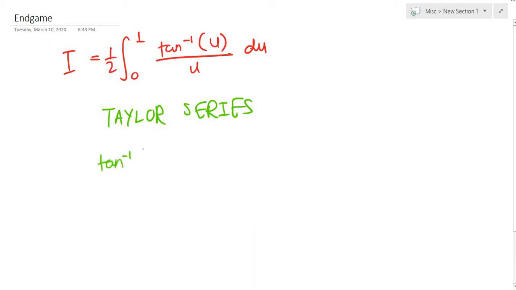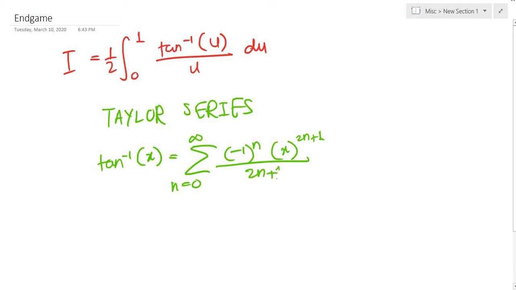If we had the inverse tangent of x, that would be the sum from n equals 0 to infinity of negative 1 to the nth power times x to the 2n plus 1 power divided by 2n plus 1.